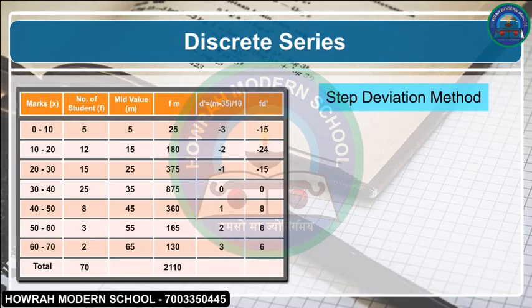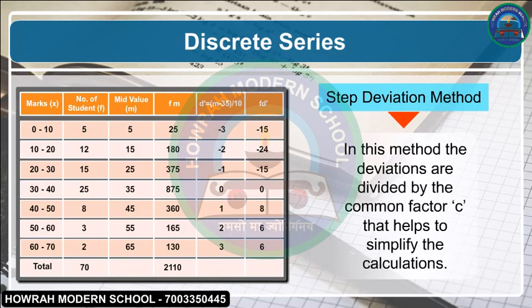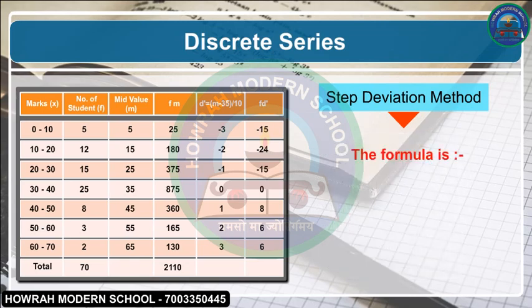Step deviation method. In this method, the deviations are divided by the common factor c that helps to simplify the calculations. The formula is x bar is equal to A plus (summation fd dash upon summation f) into c.